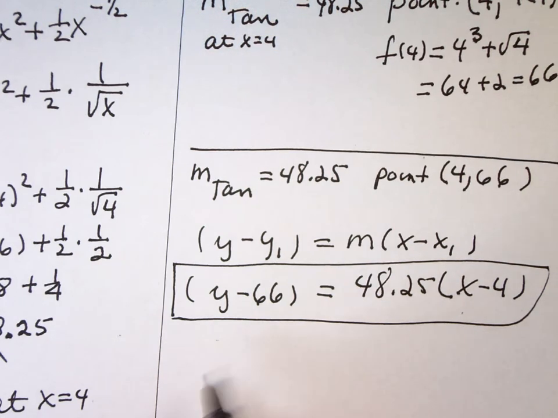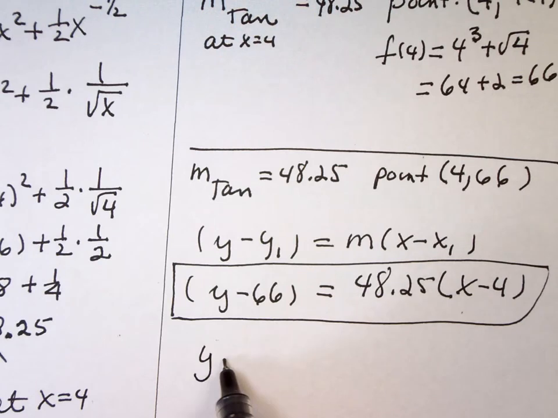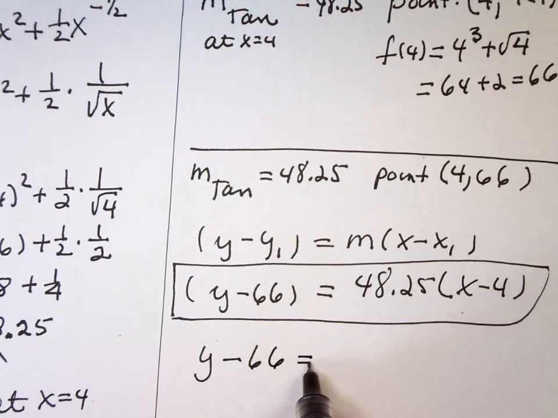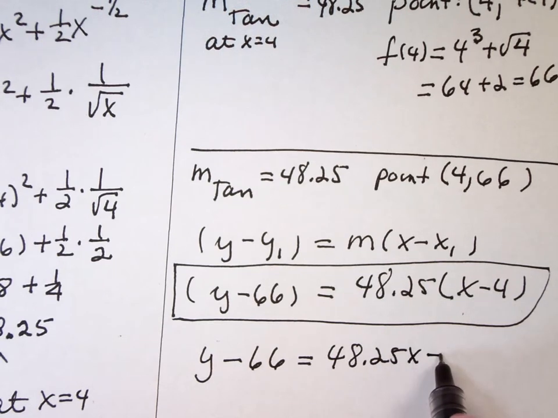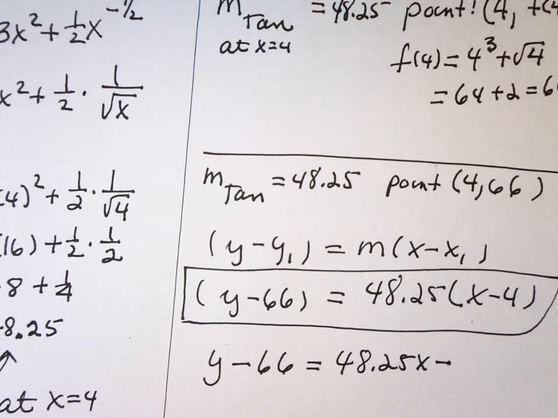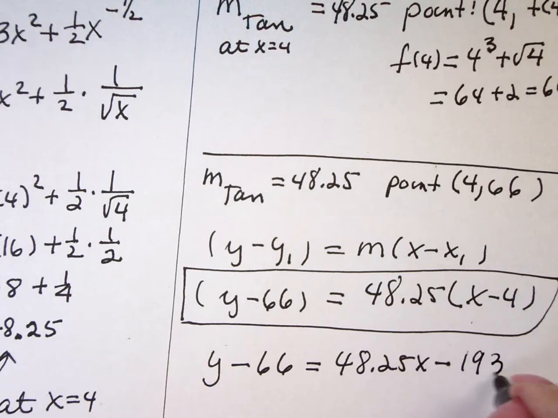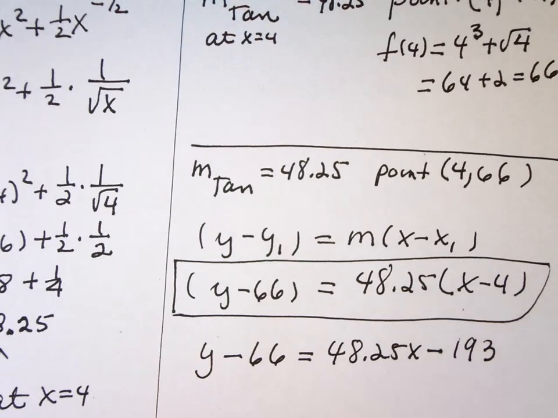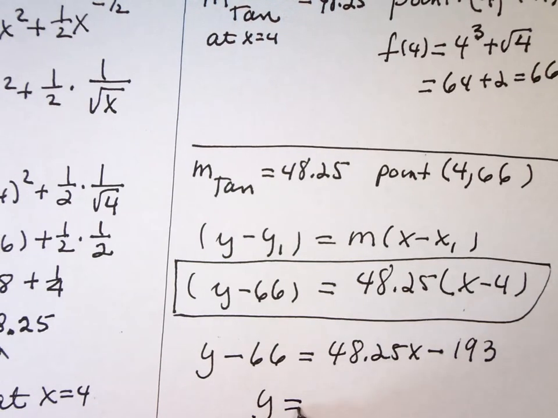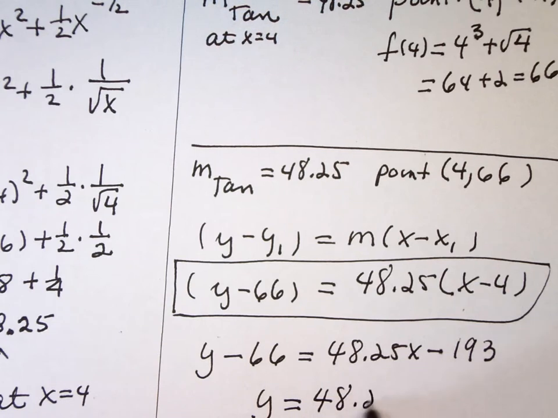if I wanted to put it in slope-intercept form, y minus 66 equals 48.25x minus 4 times 48.25 is 193. Add 66 to both sides. y equals 48.25x minus 127.